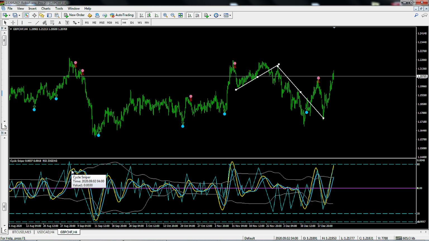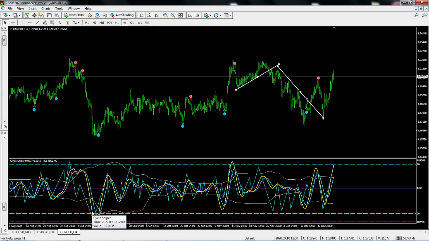This is the price line and the signal line. Cycle Snipper signals when the signal line crosses the price line. So when the RSI ZigZag is above 80, we can predict the retracement, and we check the Cycle Snipper.